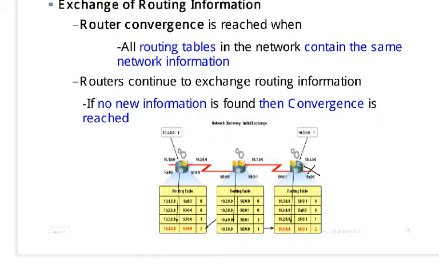This LAN, one link goes down. Okay? One link gets added. One router goes down. Or one router gets added.